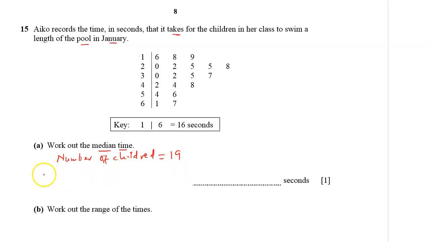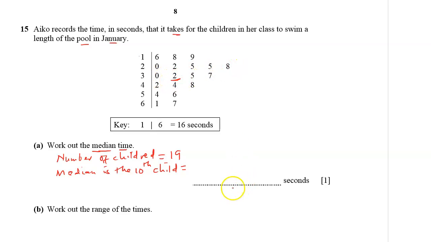So the median will be on the 10th child. We are supposed to get the median, so the median is the 10th child. So you count: 1, 2, 3, 4, 5, 6, 7, 8, 9, 10.